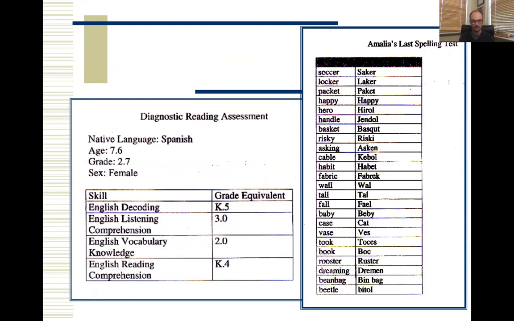Her vocabulary knowledge, 2nd grade level, she's in 2nd grade. English reading comprehension, kindergarten, 4 months. So very low decoding and reading, high or average language. Then you can look over here to the right at her spelling test.